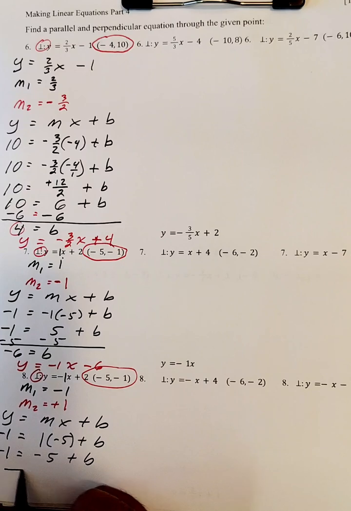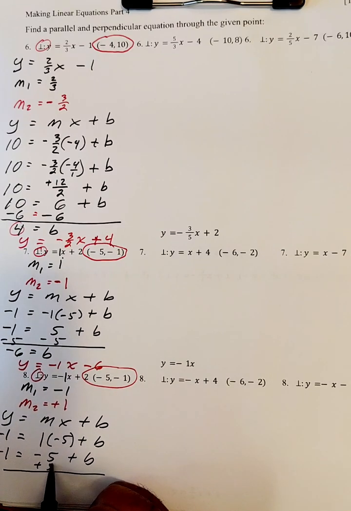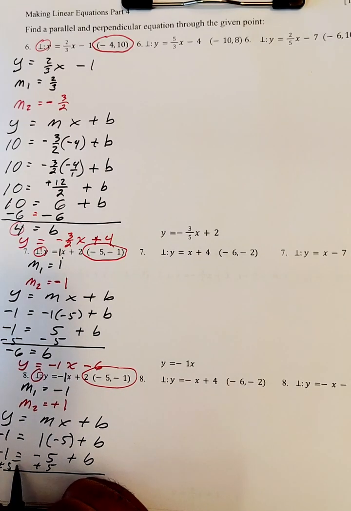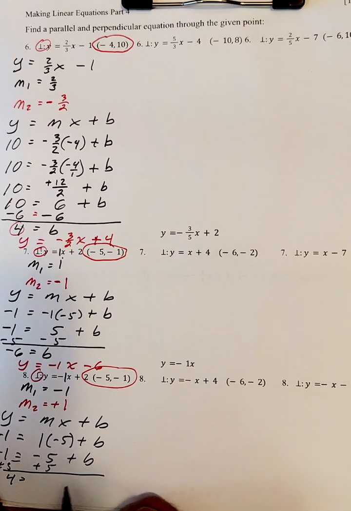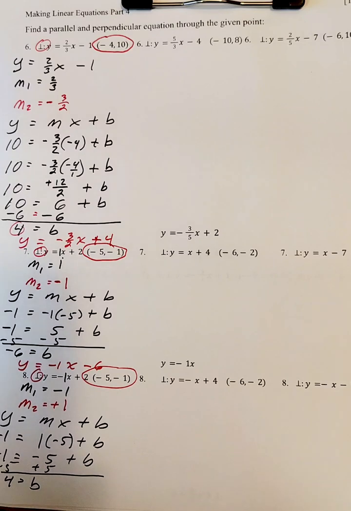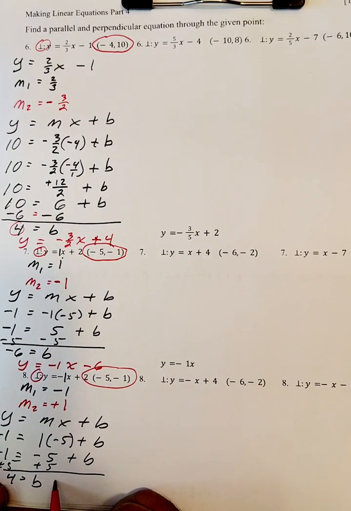And plus b. And now I'm going to add 5 to both sides. Adding 5 to both sides gives me 6 here, and that will equal the b. Therefore, my equation will be y equals 1x plus 6.